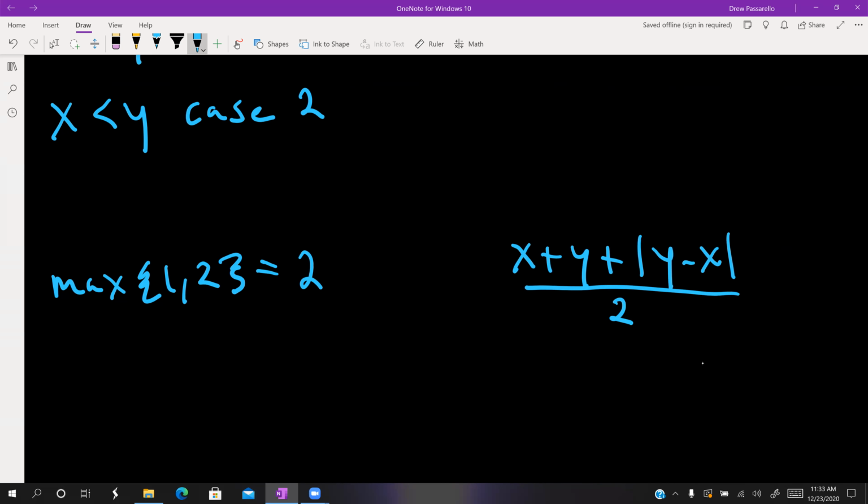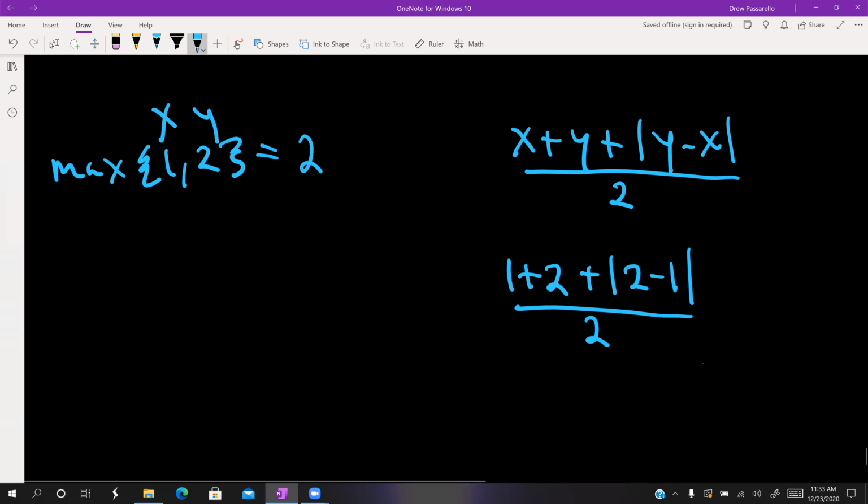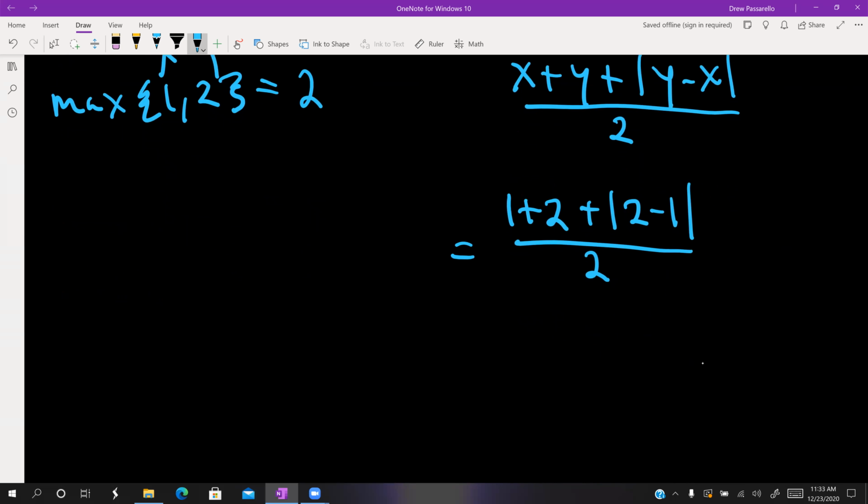In this case, x is 1 and y is 2. So if we plug these into the formula, this is 1 plus 2 plus the absolute value of 2 minus 1, divided by 2. 1 plus 2 is 3, and 2 minus 1 is 1.